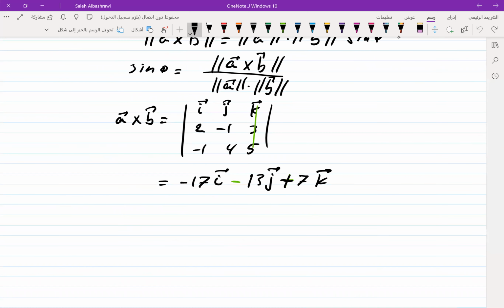So the magnitude of A cross B is equal to the square root of 289 plus 169 plus 49.